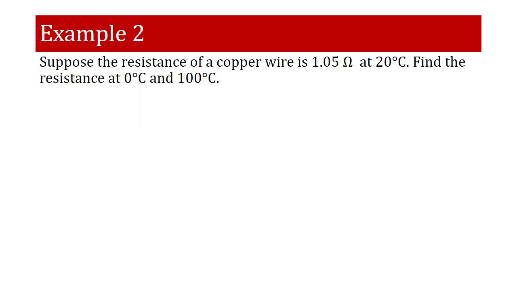Example 2. Suppose the resistance of a copper wire is 1.05 ohms at 20 degrees Celsius. Find the resistance at 0 degrees Celsius and 100 degrees Celsius.